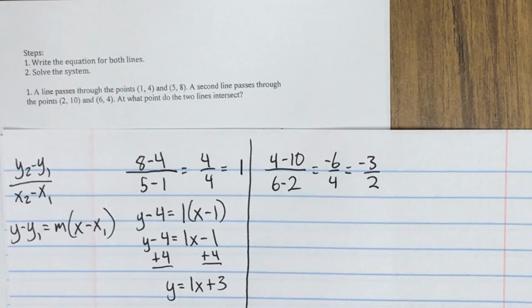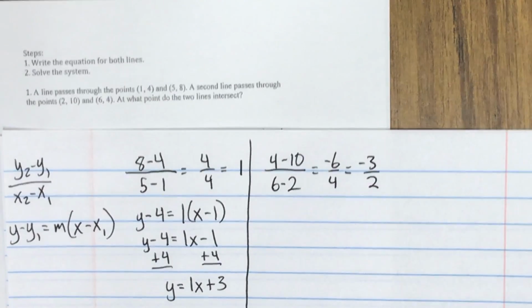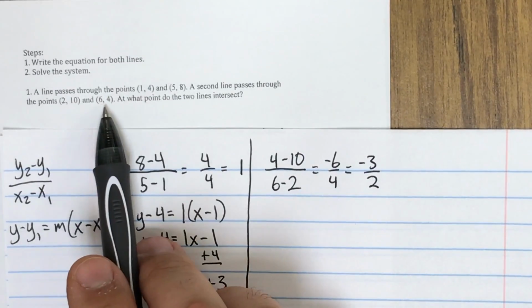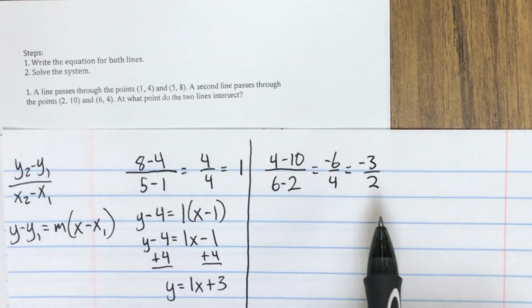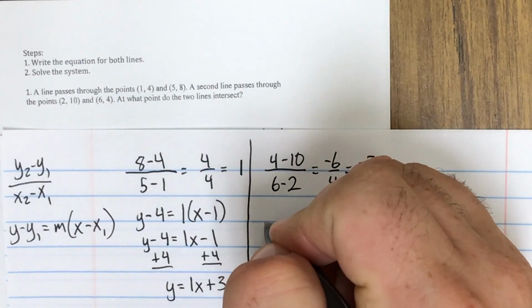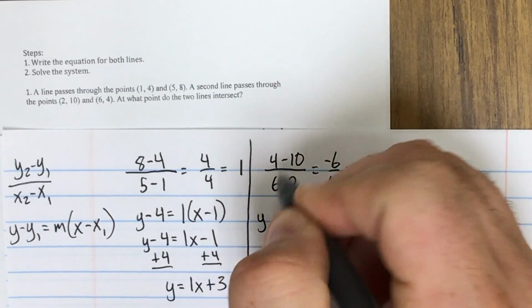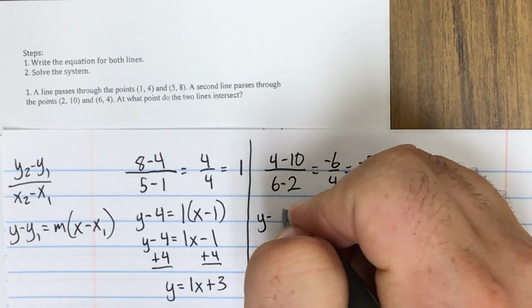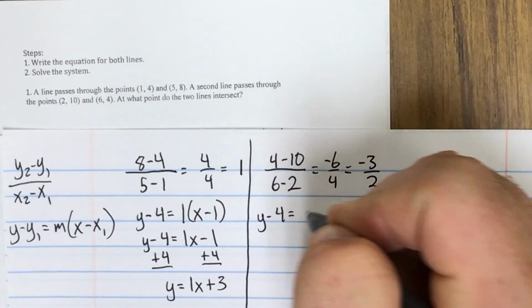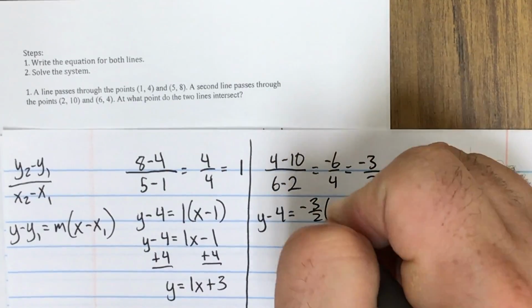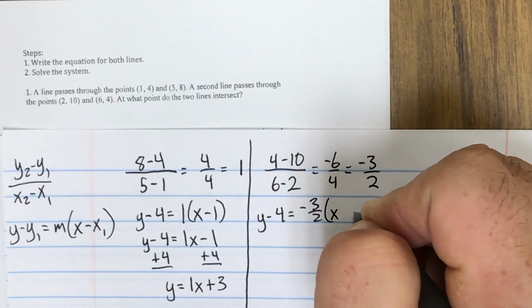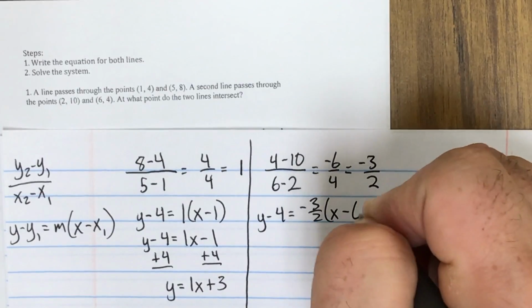And now I'm going to plug it into the point slope formula. This time I'm going to choose the second ordered pair. Again, it does not matter which point you choose, just choose one of those and then use your slope here. So we'll put y minus 4 equals our slope that we just found, negative 3 over 2, times x minus 6.